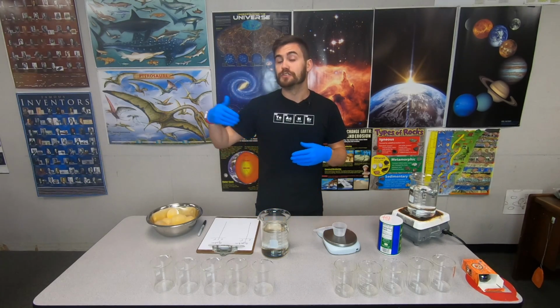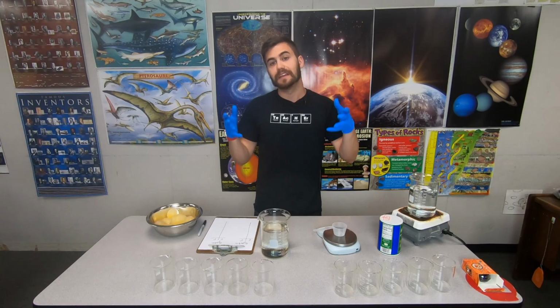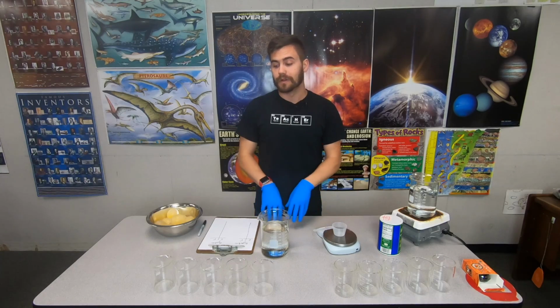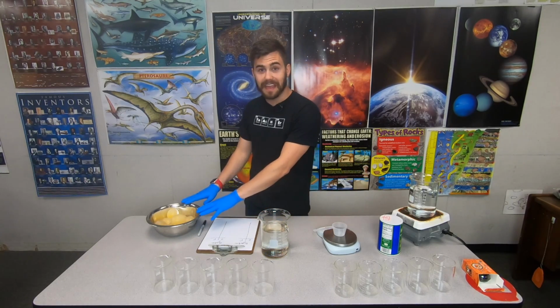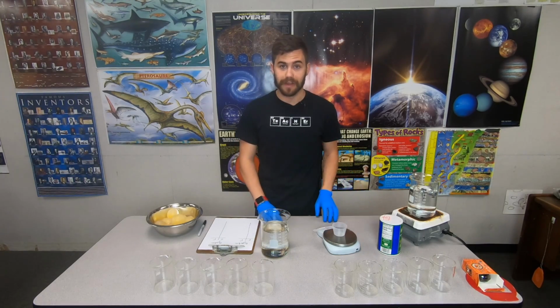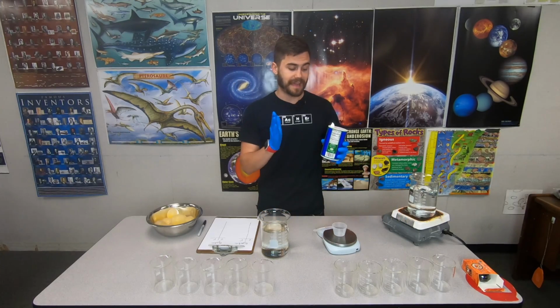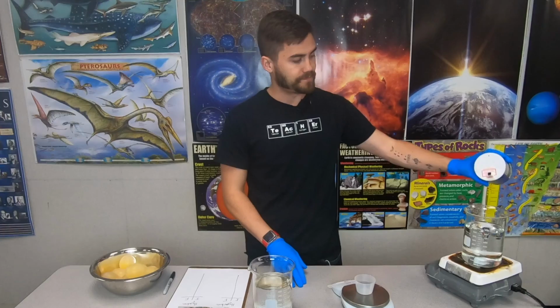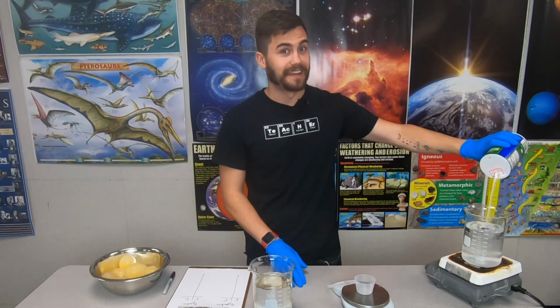This causes water to exit the cell in an attempt to dilute the environment to match the concentration of what we see inside the cell. So, for 5 of these eggs, they are going to be placed in a hypertonic solution over here. And to make a hypertonic solution, we're just simply going to add salt to water. This is going to be very hypertonic.